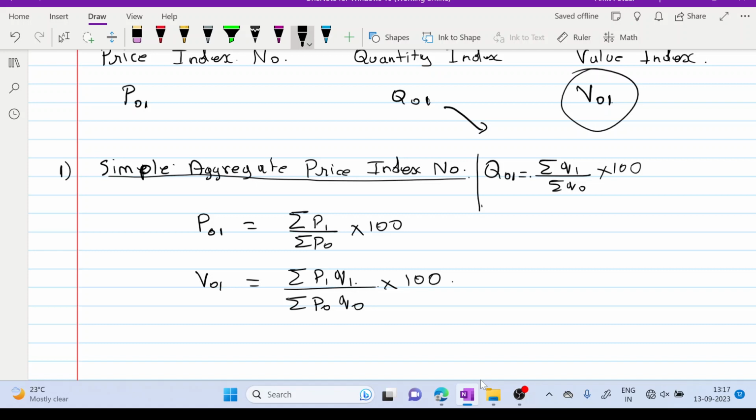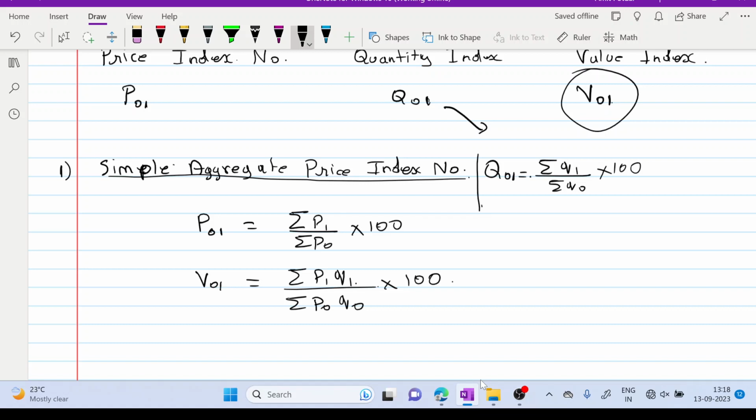Whenever you are finding index numbers, they are actually always relative to something. So if it's going to be a relative, it's P1 upon P0, current price upon the original price. And since you are doing aggregate, it's going to be summation P1 upon summation P0 into 100. So that's how you get the basic index numbers.